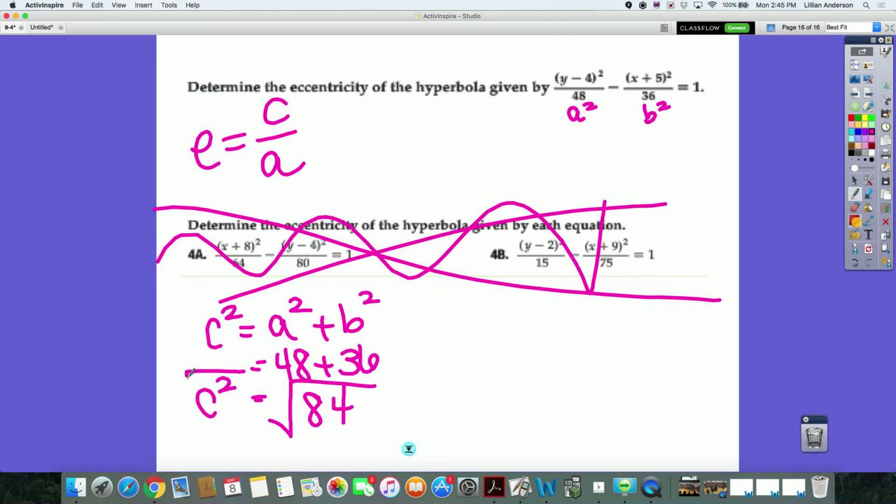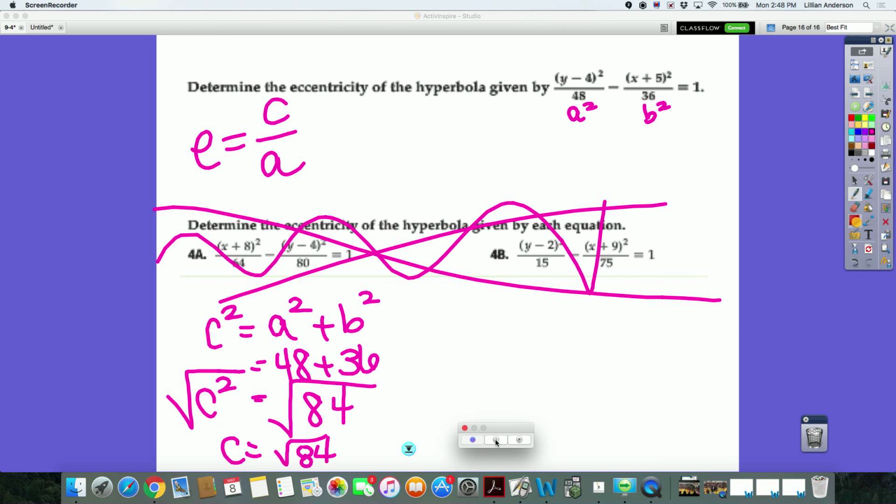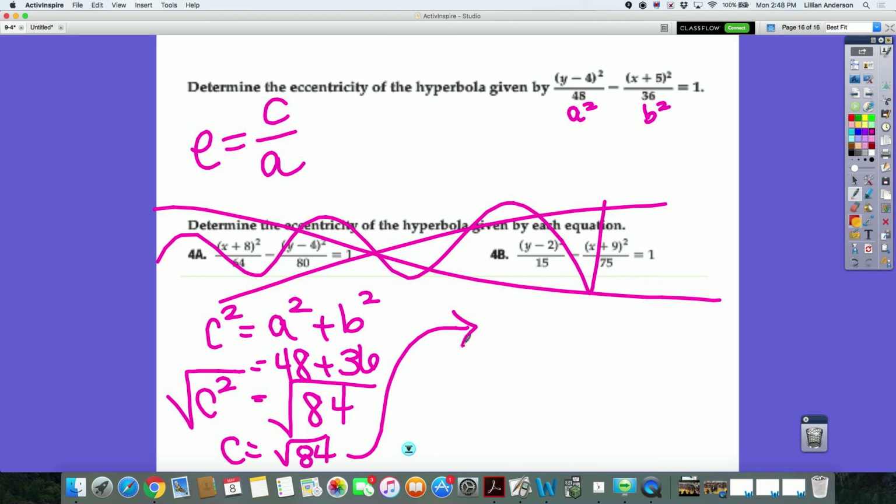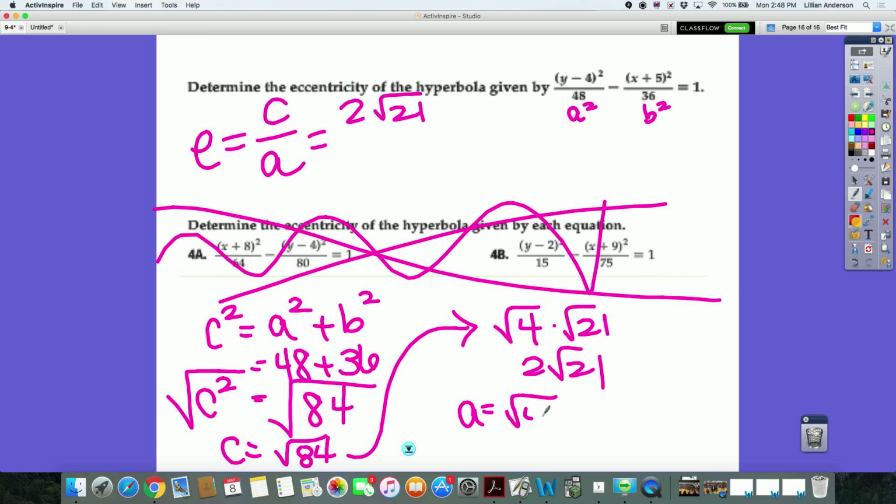So then I'm going to take the square root of both of those, and c is going to equal the square root of 84, which does simplify down. It breaks up into square root of 4 times the square root of 21. So that's 2 root 21. That's our numerator. And a is going to be the square root of 48, which simplifies down to be 16 times 3, which will be 4 root 3.